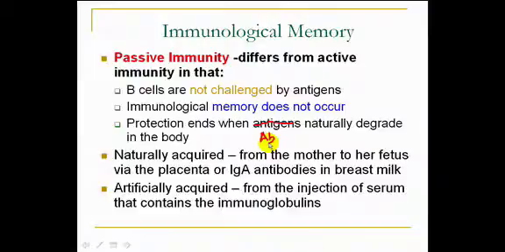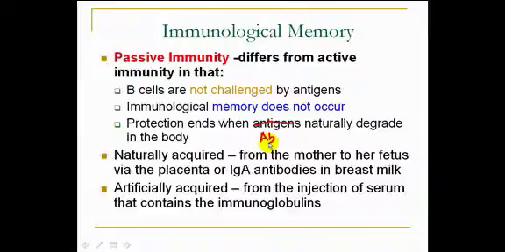Or when infants are breastfed, the mother passes the IgA antibodies in her breast milk. So the baby has those antibodies to protect him against the antigens, but he's not actually producing his own antibodies. So as soon as those mother's antibodies are broken down, then the infant will no longer have the immunity until he acquires it himself.